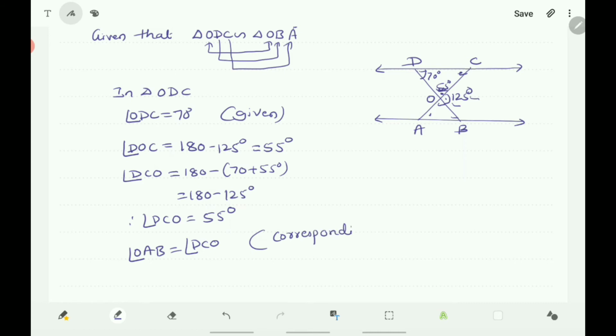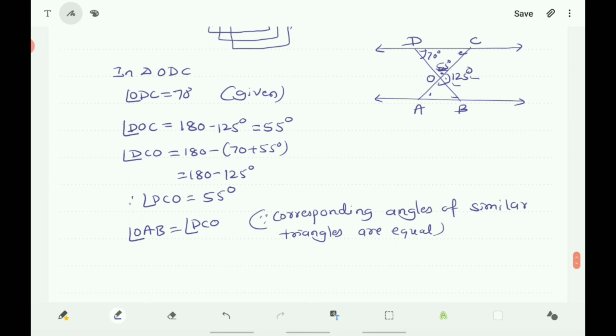That is the reason. By giving that reason, you can write angle OAB is equals to angle DCO. So angle OAB is equals to angle DCO.